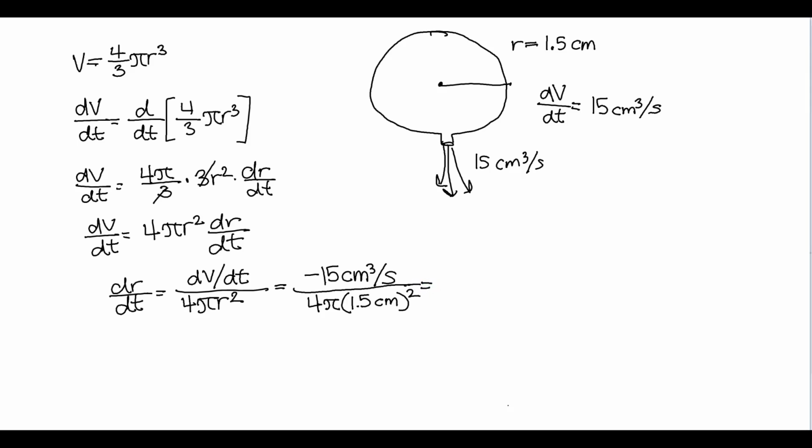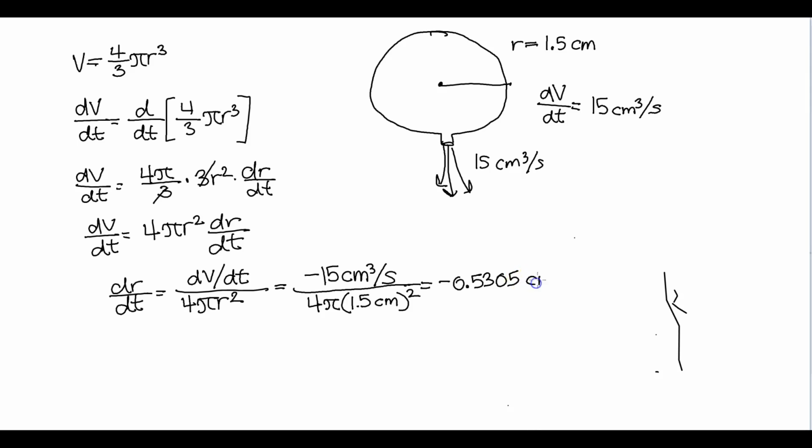If I just plug it into my calculator, we get 4 times pi times 1.5 squared, we get negative 0.5305, not meters, centimeters.